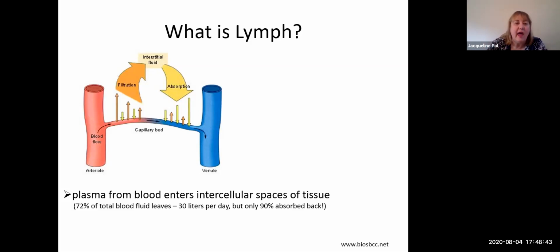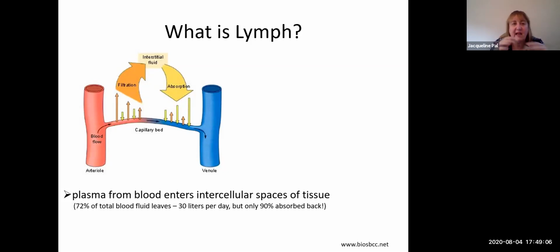And then as the blood moves along the capillary bed on the venous side, because so much fluid has left, the blood has a really high oncotic pressure because the albumin is still there at a high concentration. And so it sucks some of that fluid in the interstitial space back into it.